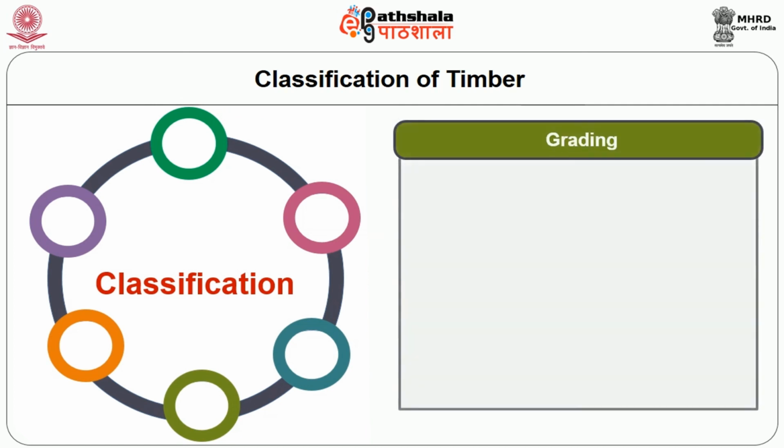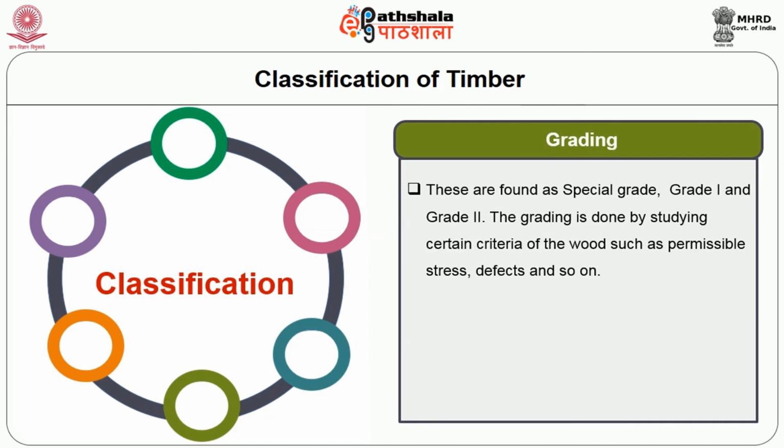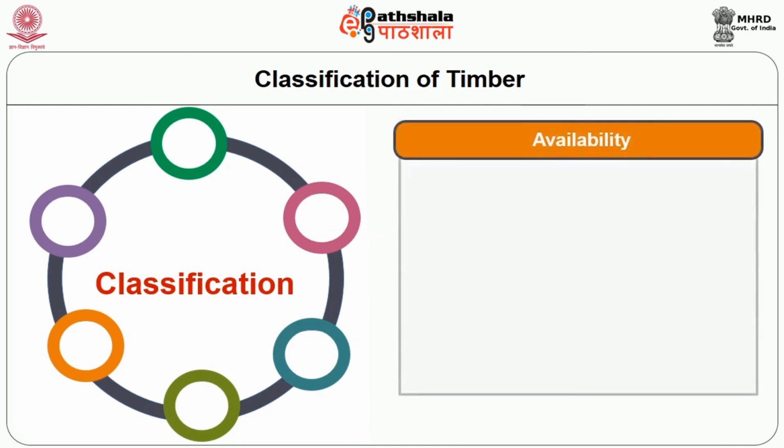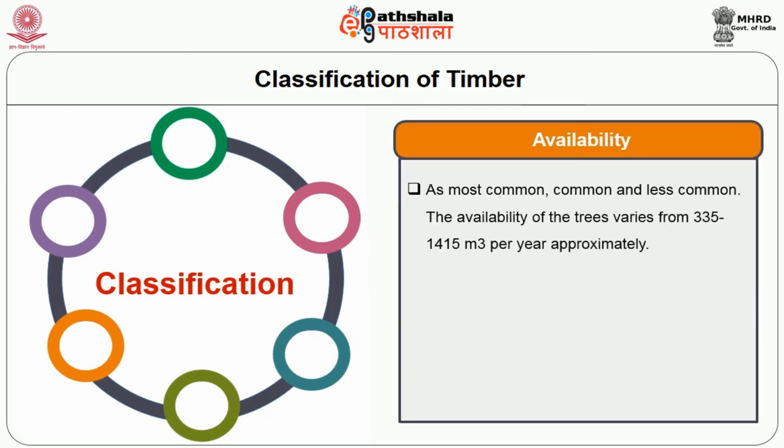Based on grading, they are found as special grade, grade 1 and grade 2. The grading is done by studying certain criteria of the wood such as permissible stress, defects and so on. Based on availability, as the most common, common and less common. The availability of the trees varies from 335 to 1415 meter cube per year approximately.